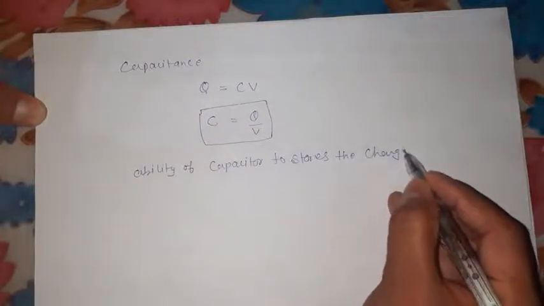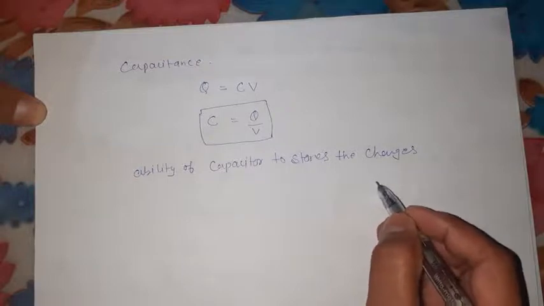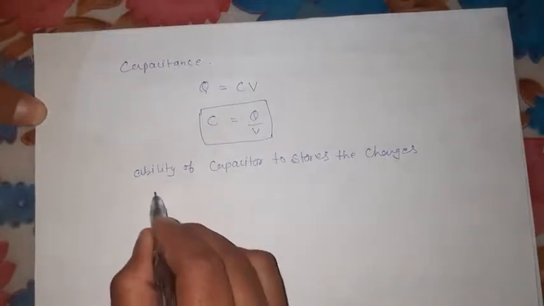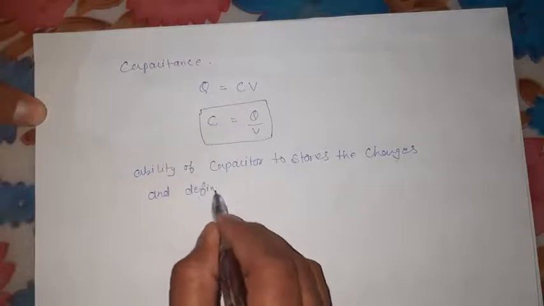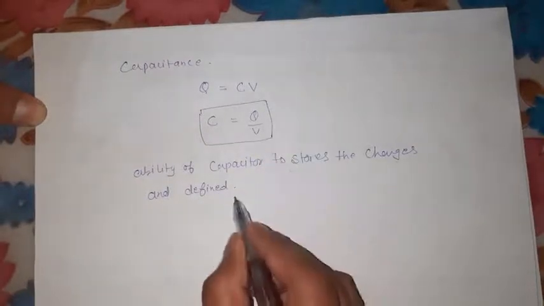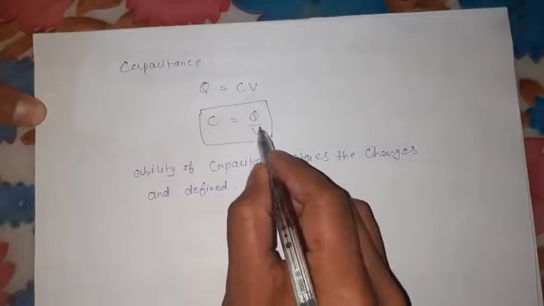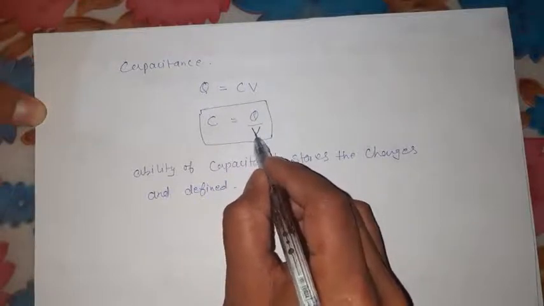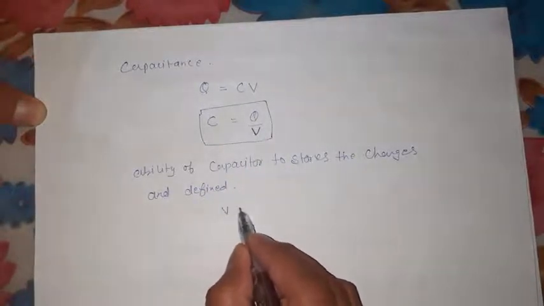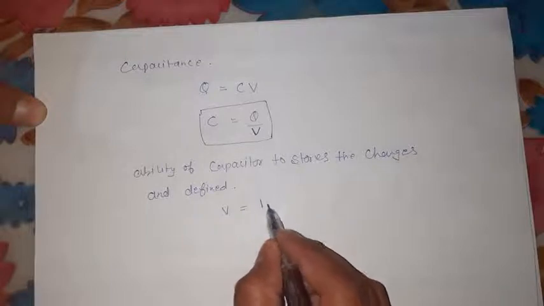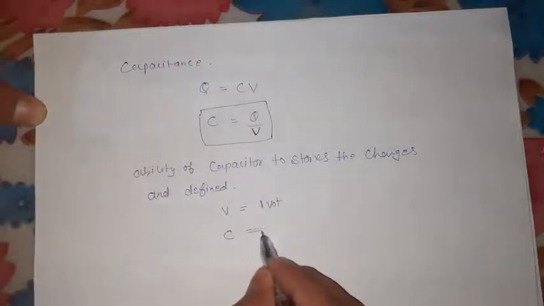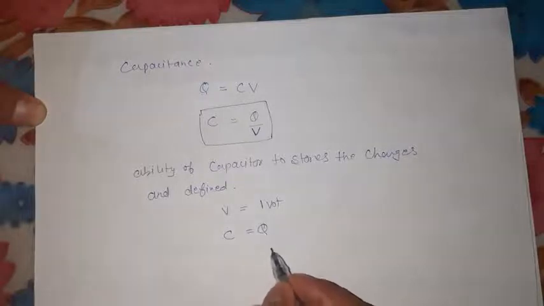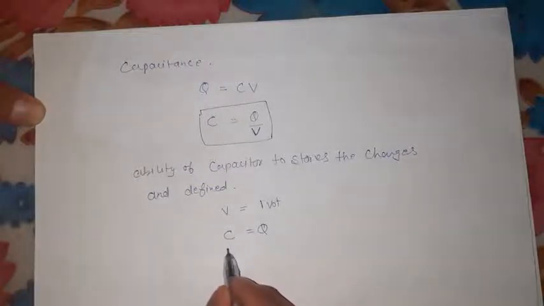So this is said to be its capacitance, or we can define it as the charge required to raise the potential difference by 1 volt. If you want to raise the potential difference by 1 volt, the charge required by us will be the capacity of this capacitor.